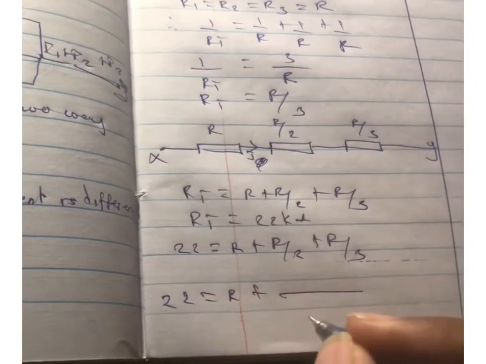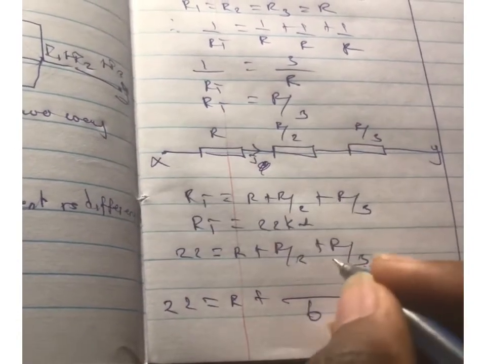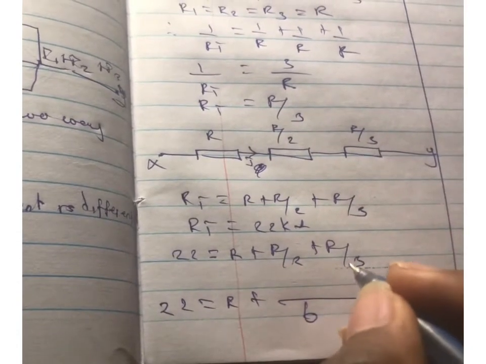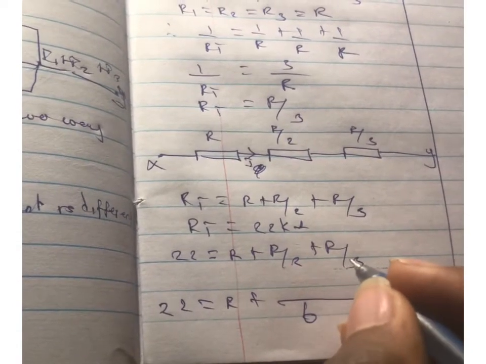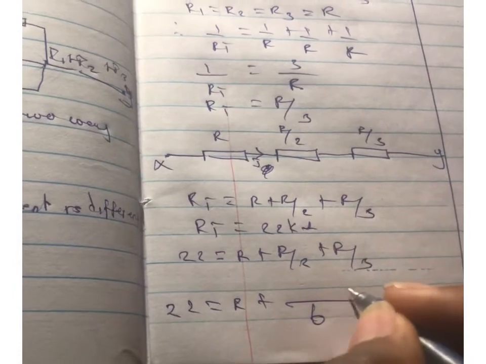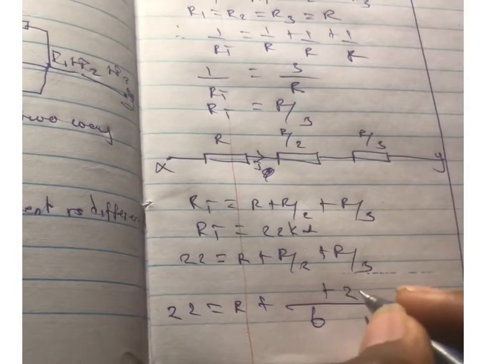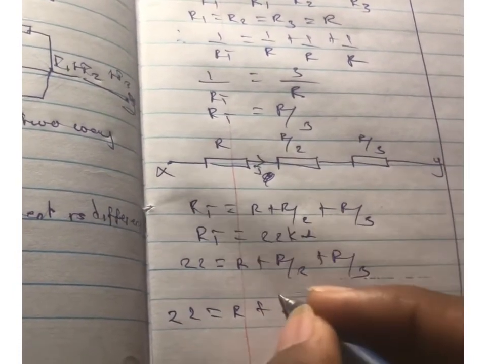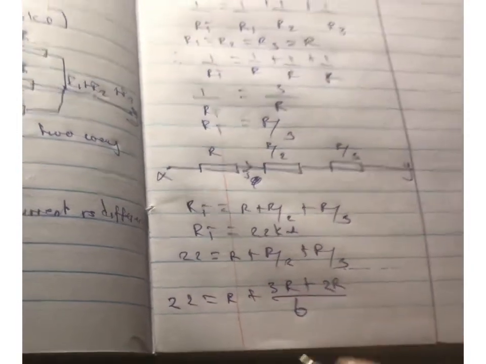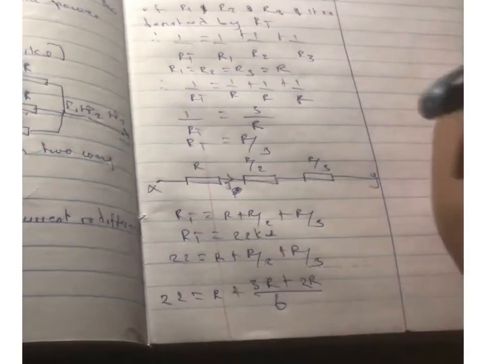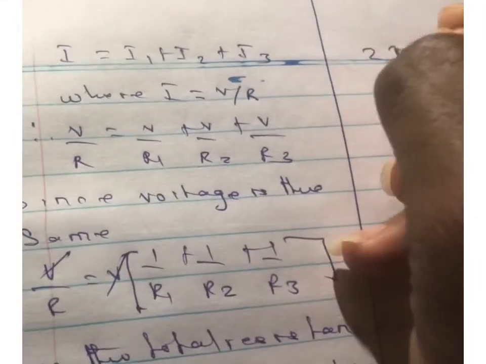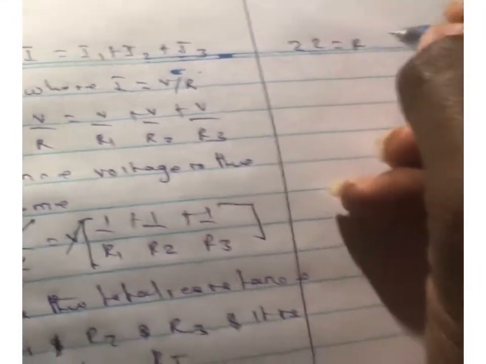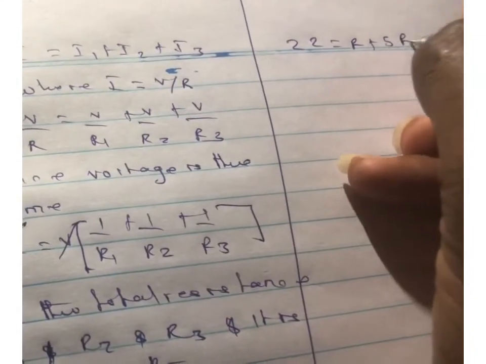Thus, the common multiple here is 6. 6 divided by 2 is 3, plus 2R over 3. We can now continue here. 22 is equal to R plus 5R over 6.